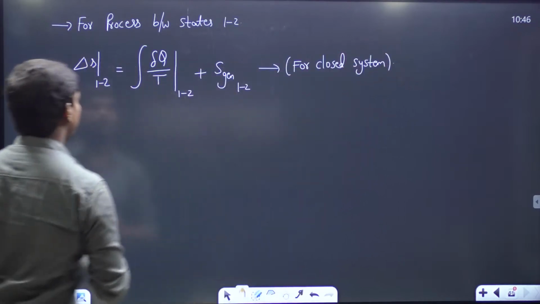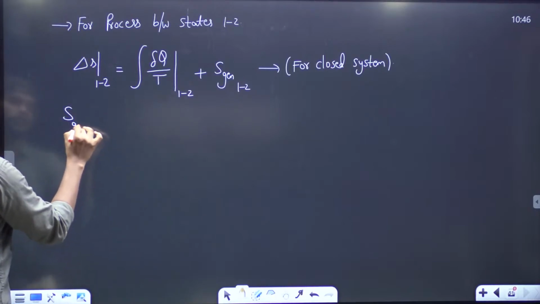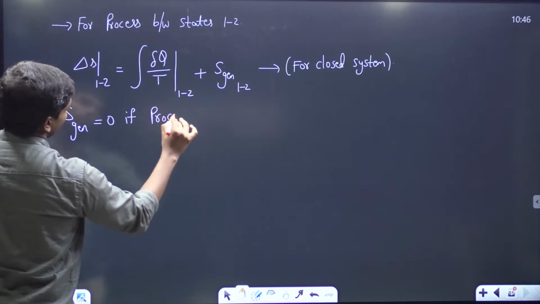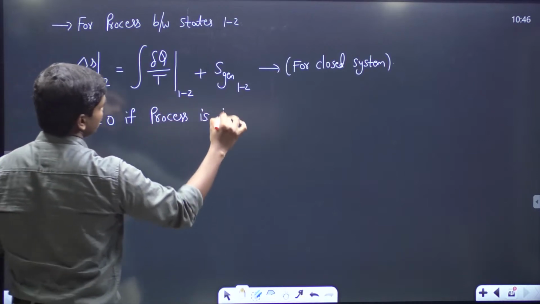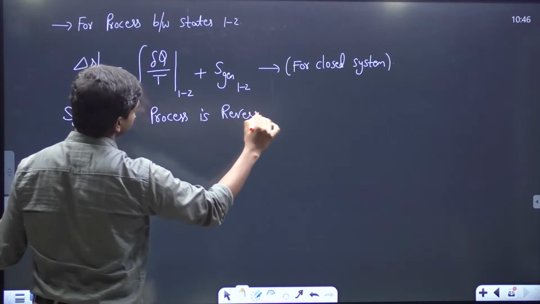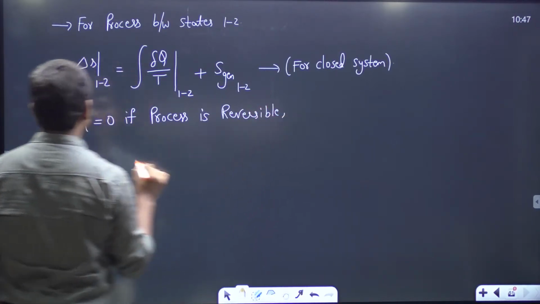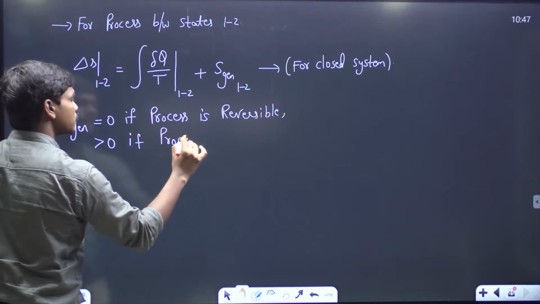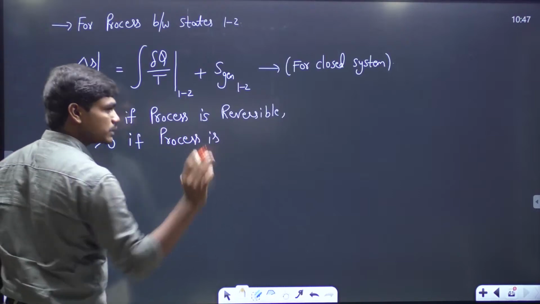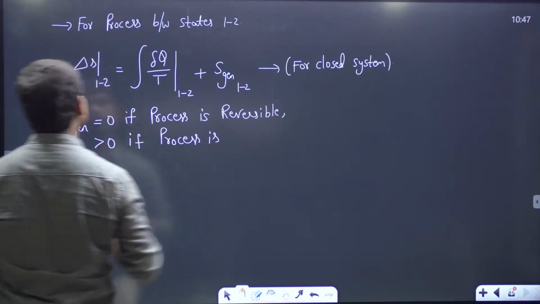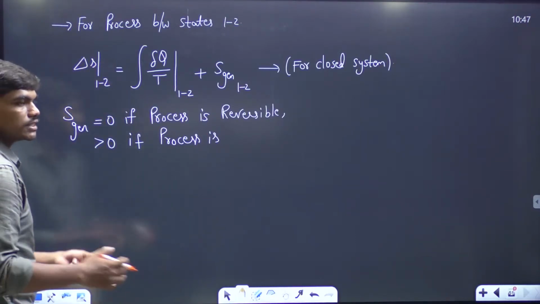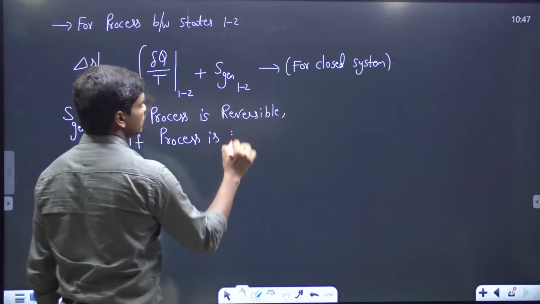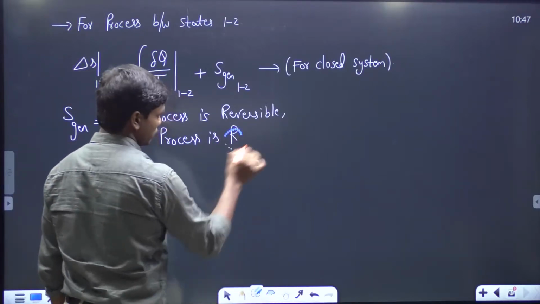So S generation is equal to 0 if the process is reversible, and greater than 0 if the process is irreversible. Correct? I told you why entropy generation, if it's present, is always positive. That's why the name is also given generation. If there is some generation, that means there is some positive effect.